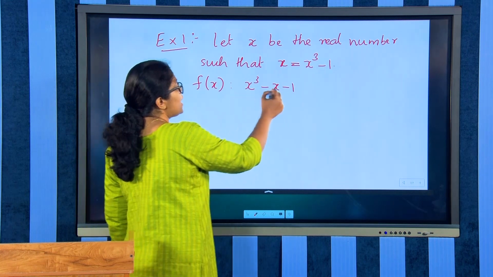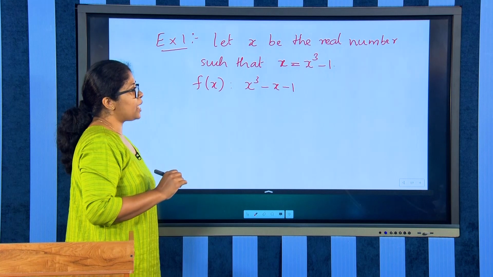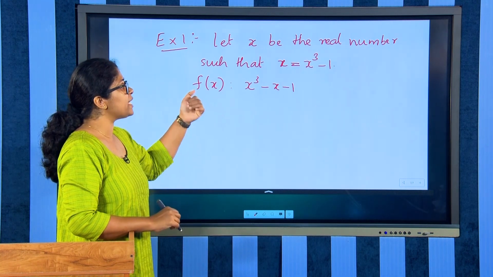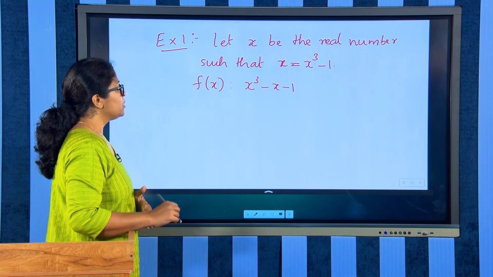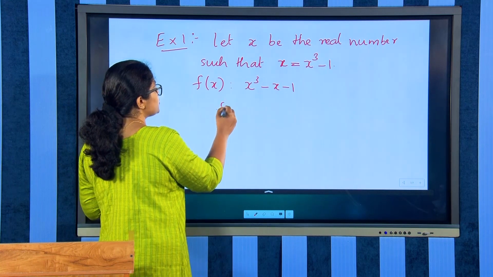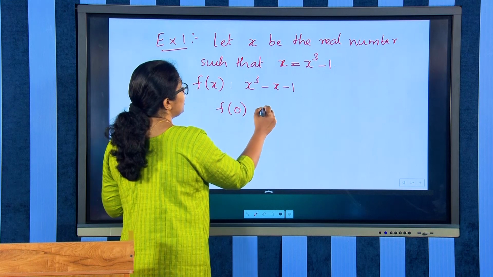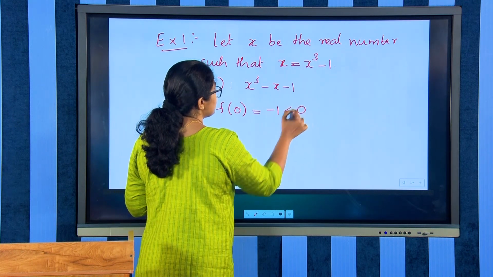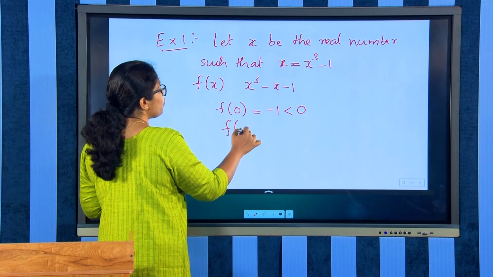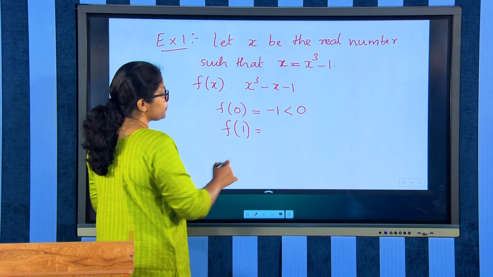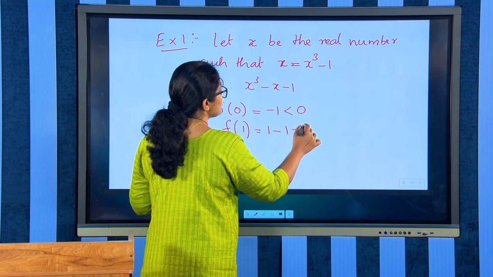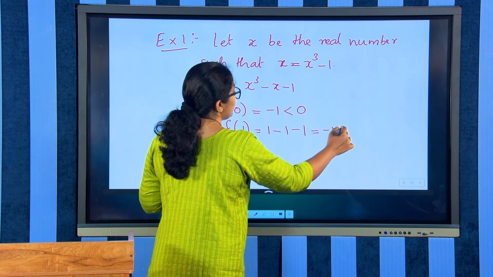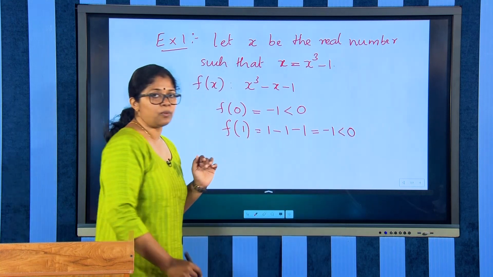Look at the expression f of x and think of any suitable value which will make it negative. We can see that f of 0 is negative 1, which is less than 0, and f of 1 is 1 minus 1 minus 1, which is negative 1, also less than 0.